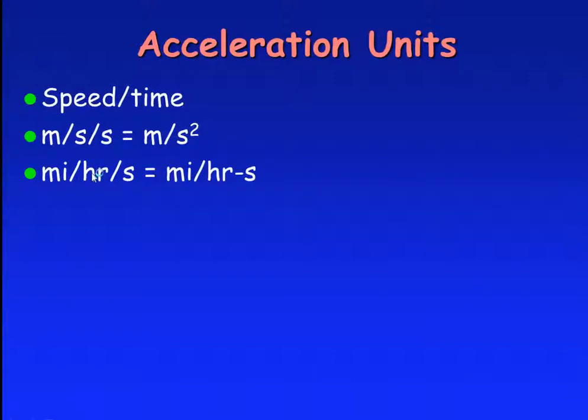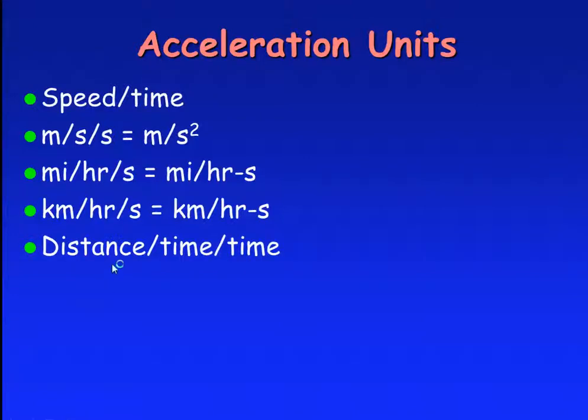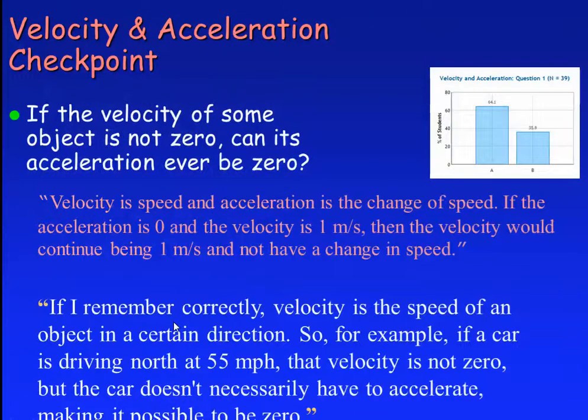Sometimes you'll see acceleration measured in miles per hour per second, or that can also be written miles per hour second, kilometers per hour second. It's distance over time, or distance over time squared is another way to think of it. So that's how this meters per second squared got in there.